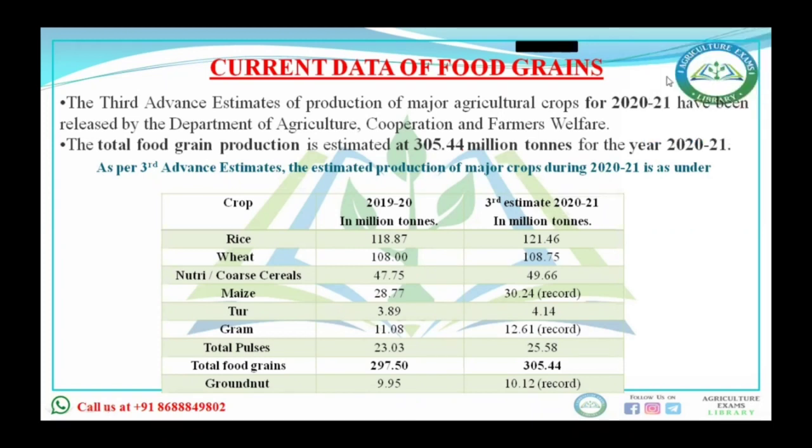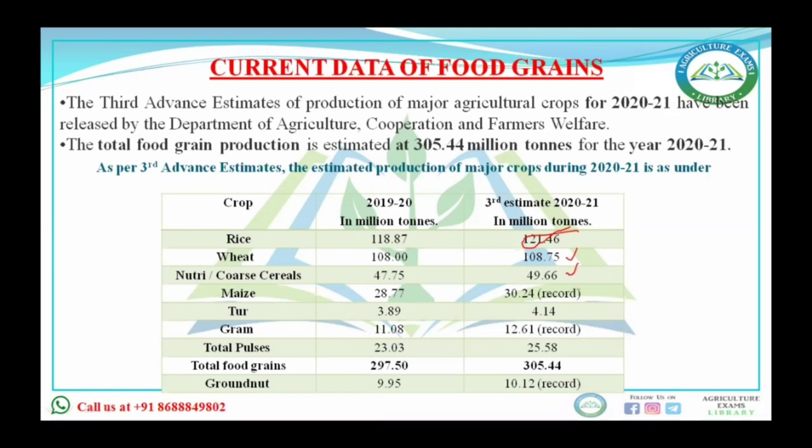Now the total food grain production is estimated at 305.44 million ton for the year 2020-21. As per the advanced estimate, the estimated production of major crops during 2020-21: for rice in the third advanced estimate, the production is estimated to be 121.46 million ton, whereas for wheat it is 108.75 million ton, and for coarse cereals, or nutri-cereals, it is 49.66 million ton.